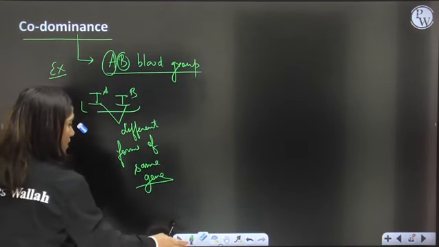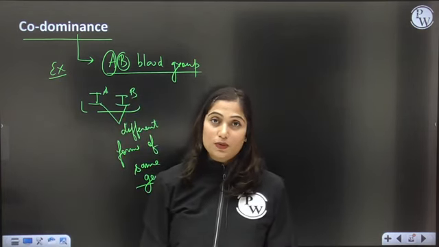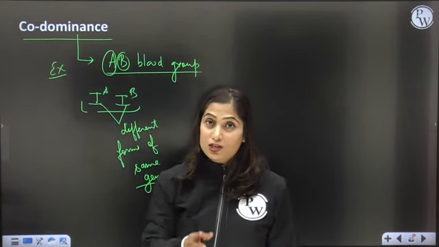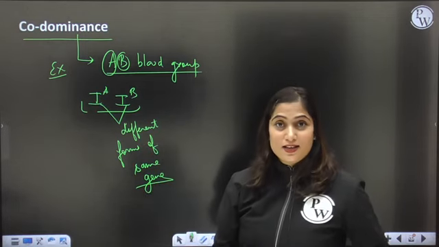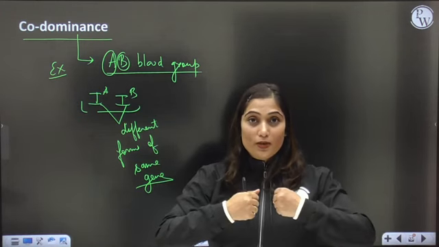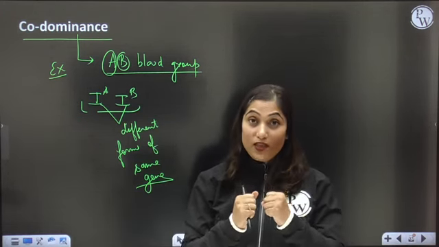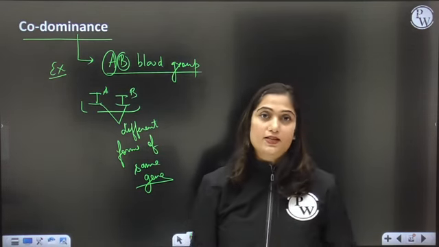Earlier, we used to say that of the two forms of a same gene, one is dominant, one is recessive. But here, there is no such relationship. These are two forms of the same gene, but they are co-dominant. When they are present together, they will show equal expression.